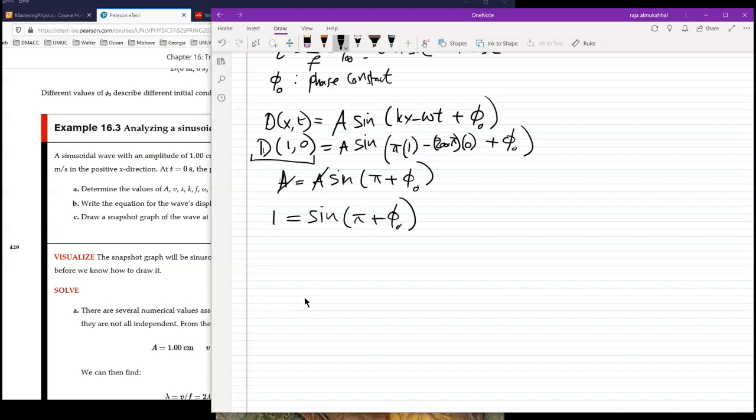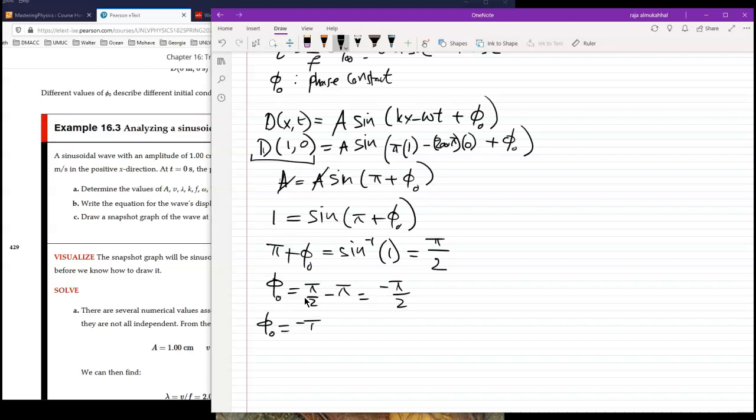Of course, sine of what gives me 1? That means pi plus phi naught equals sine inverse of 1. So that will be pi over 2, correct? So phi naught is pi over 2 minus pi. That's minus pi over 2. So phi naught is equal to minus pi over 2. That's how you find the phase constant.